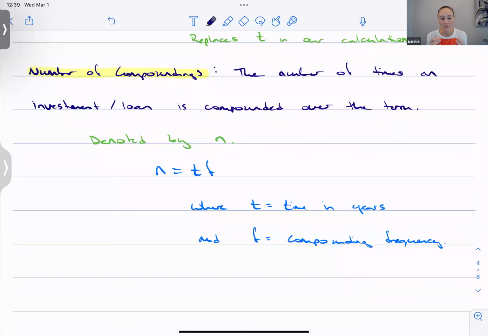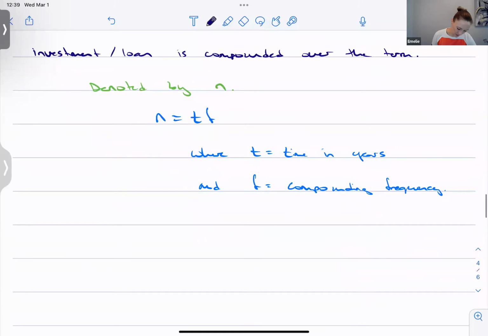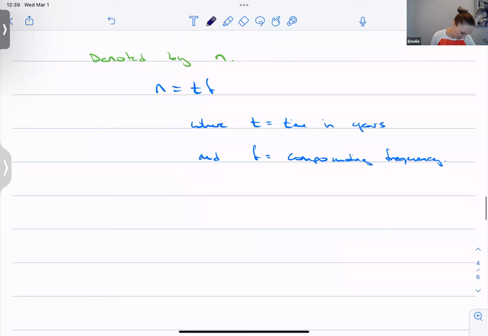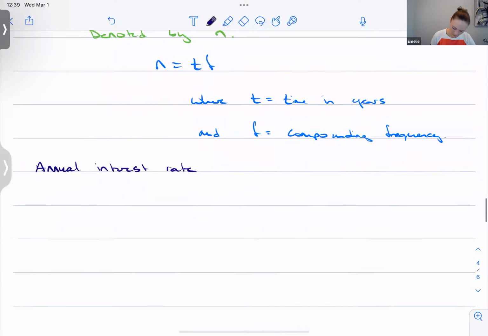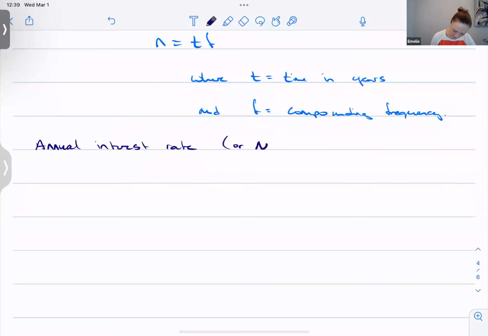But because it's compounding, you don't get 3%, you get 3% broken up over the year, so a total of 3%. So the annual interest rate, or the nominal rate. A lot of questions use the term nominal rate, so I want you to be aware of that. But it is the annual interest rate.